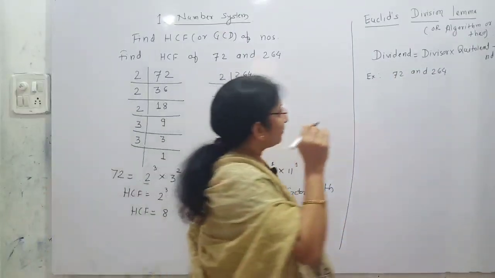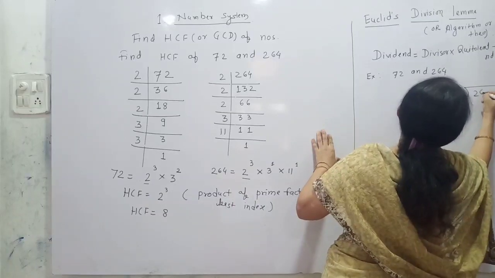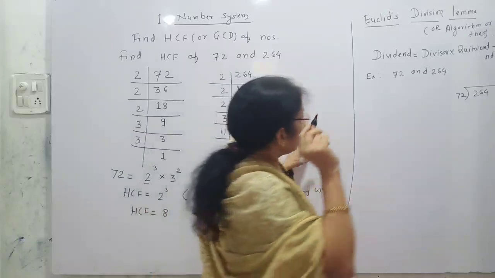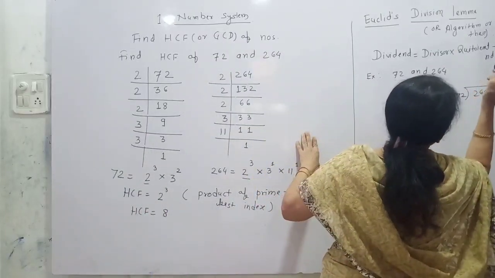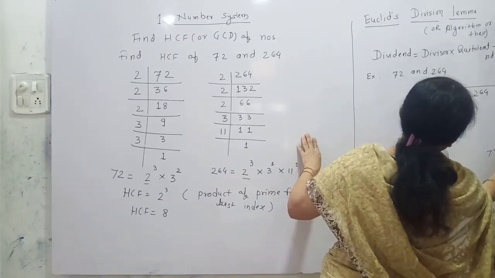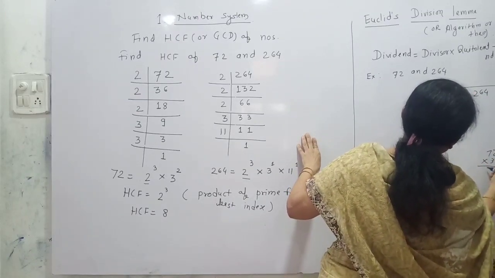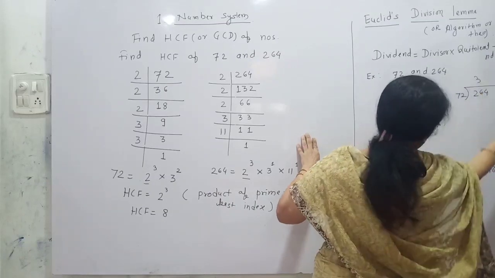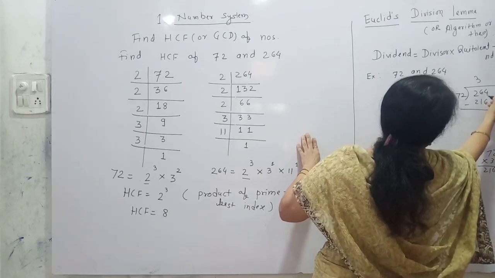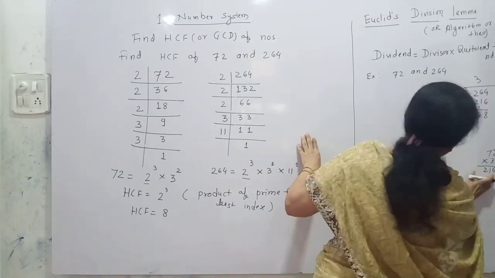Here if we divide 264 by 72, what will happen? 72 threes are 216, 264 minus 216 is 48.